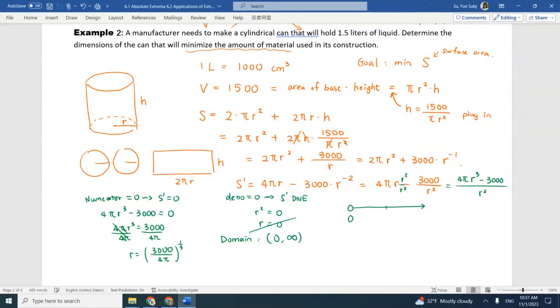And this number 3000, by the way, can you put this in your calculator? What is this number about? Give me 3 decimal places. Dylan, do you get a number?